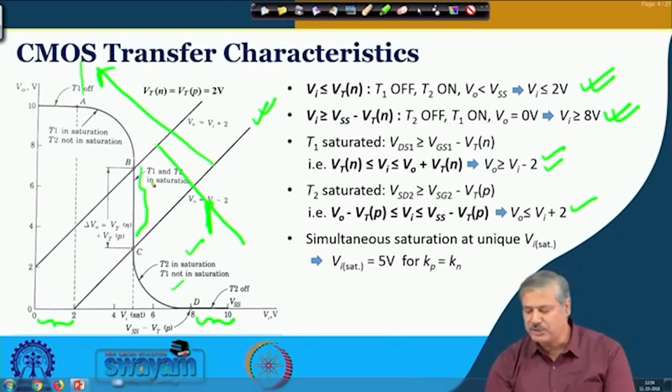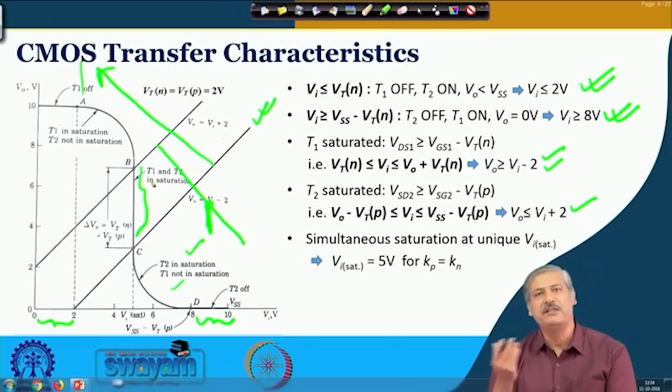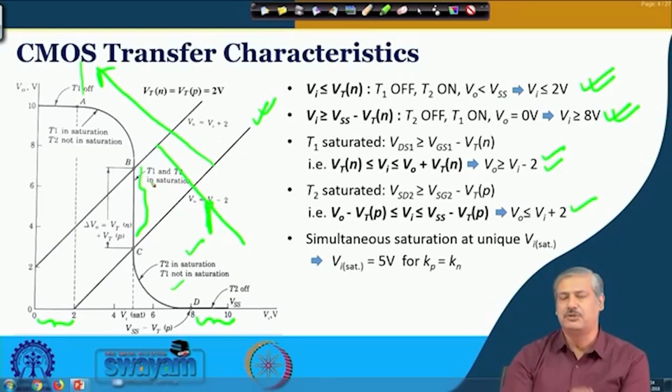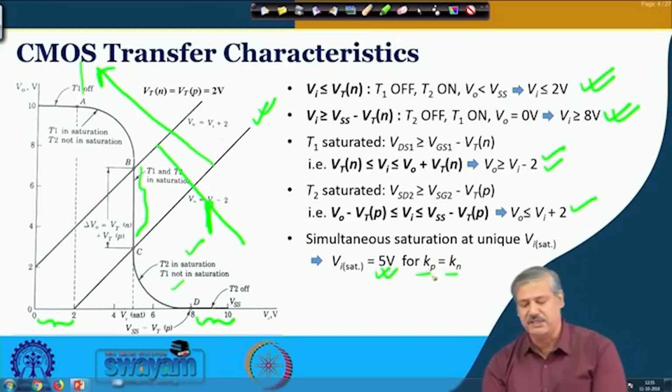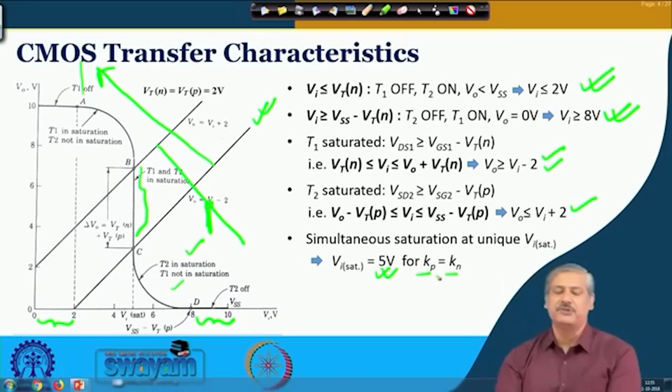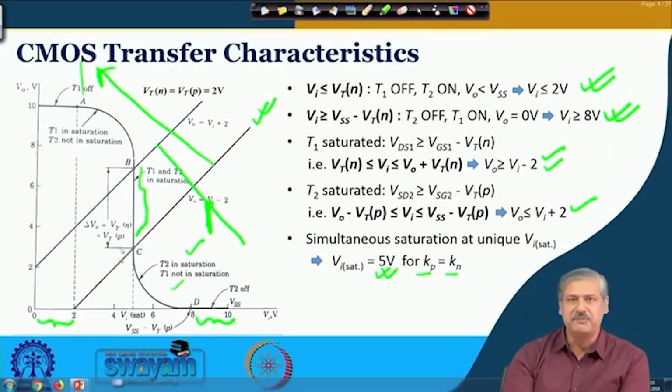So when T1 and T2 both are in saturation, and if we apply the equation that we have shown before, we get a unique solution for the voltage when both of them are in saturation. If we use these values, we get that for 5 volt, for the transistor parameters Kp and Kn being the same, there is an abrupt jump at this particular voltage of 5 volt in the inverter characteristics.